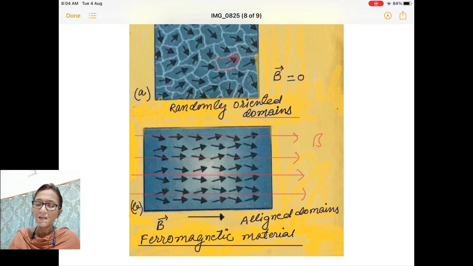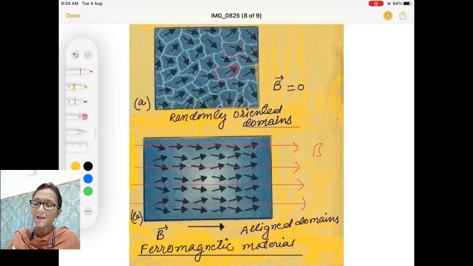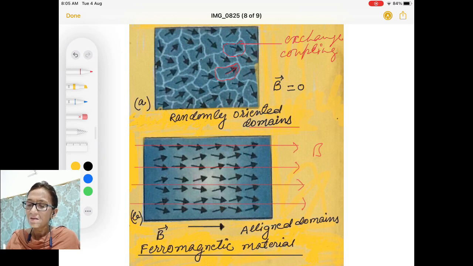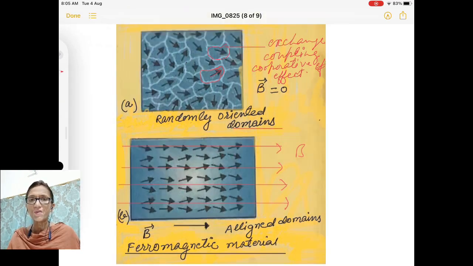And within a domain, the effect where magnetic dipole moments are arranged in the same direction is called exchange coupling, or a cooperative effect.